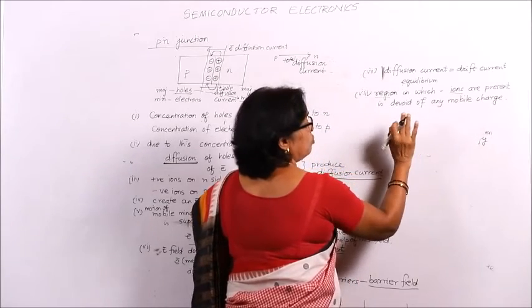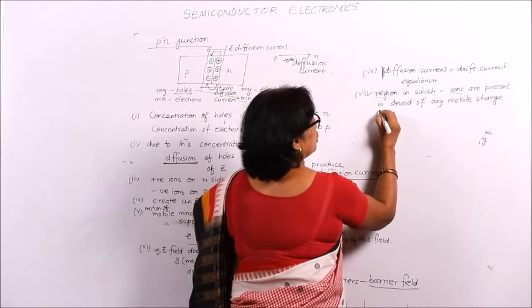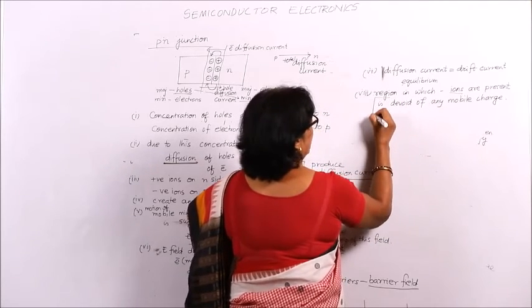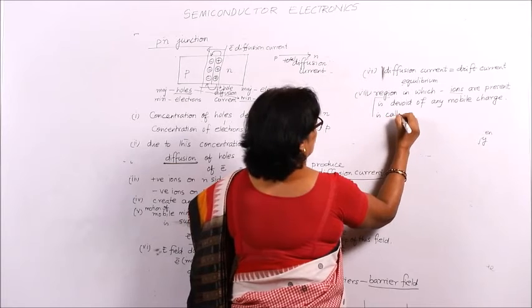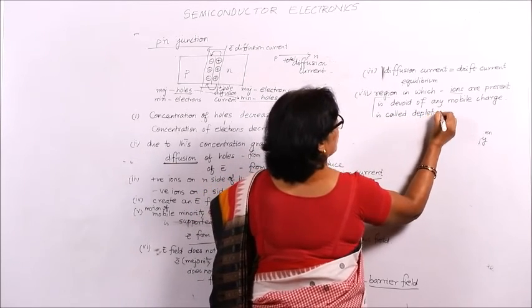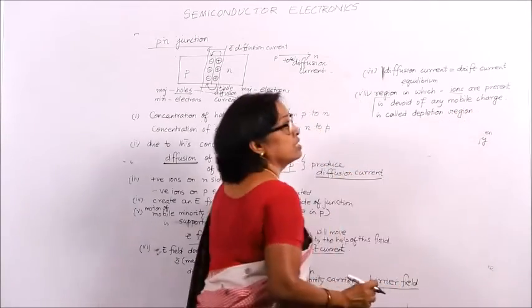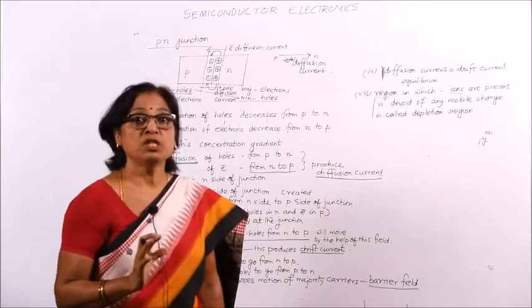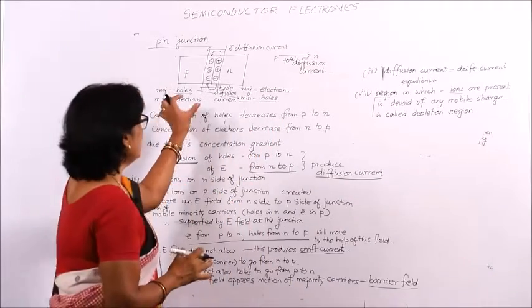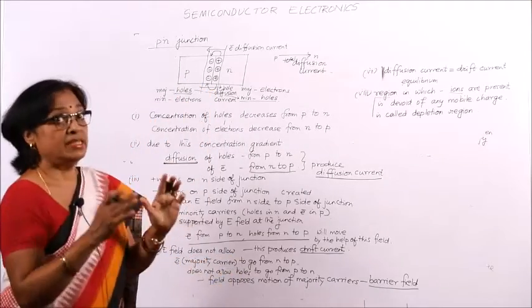They cannot move across the junction. So the region which is devoid of any mobile charge is called depletion region. Because it is depleted of all the mobile charges, that is why it is called a depletion region. And there is a barrier field at the junction, there is a depletion region.